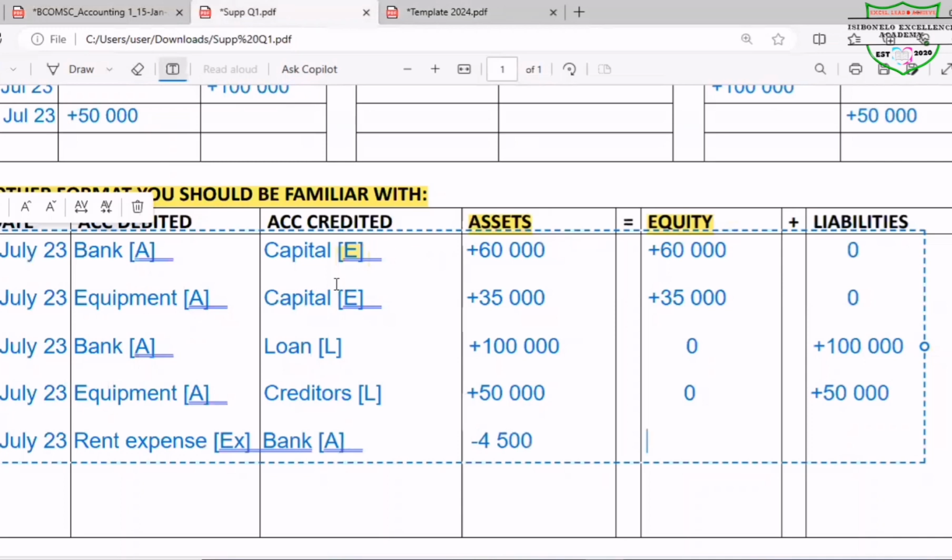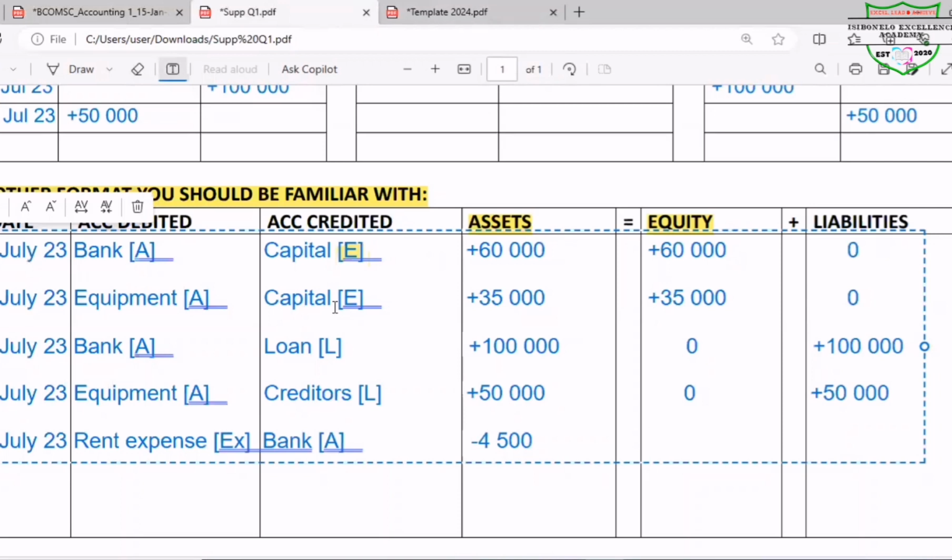And then, guys, there is this principle that I mentioned earlier concerning income and expenses. I told you that income accounts increase the value of equity, but expenses reduce the value of equity.